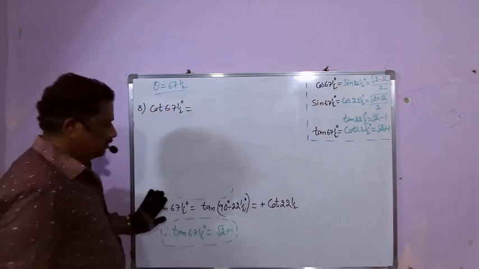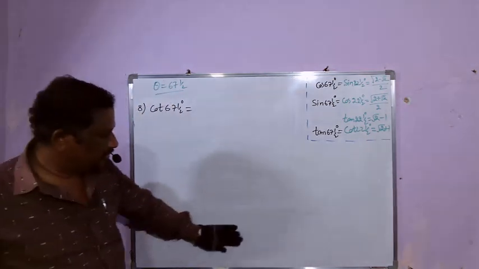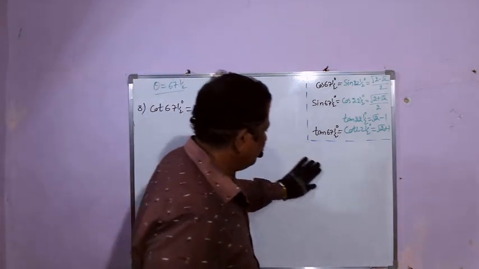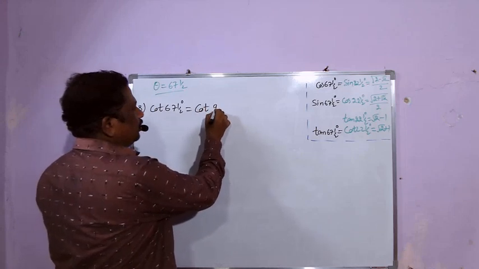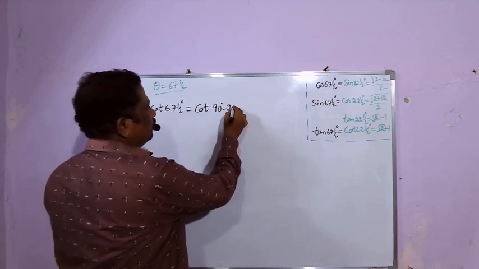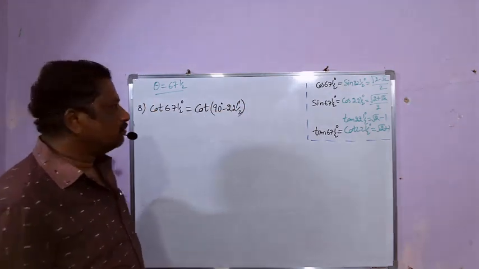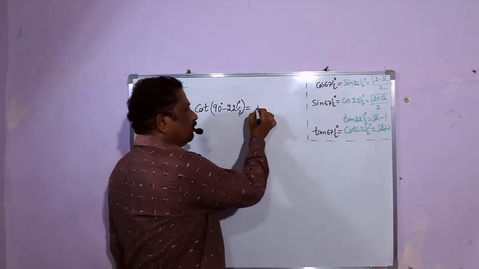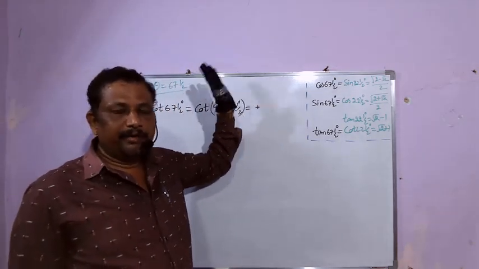So this also we can write as 90 minus theta. If you write 90 minus theta, it is easy to solve. So cot of 90 degrees minus 22.5 degrees. This falls in the first quadrant. In the first quadrant all ratios are positive, and it is operating on the y-axis with 90 minus theta.